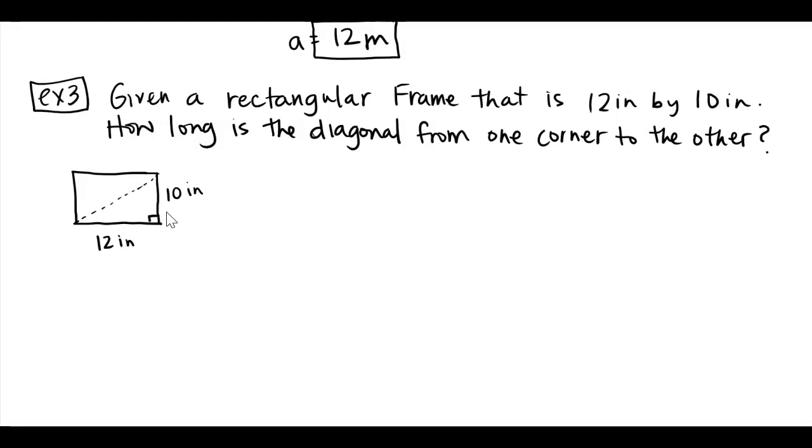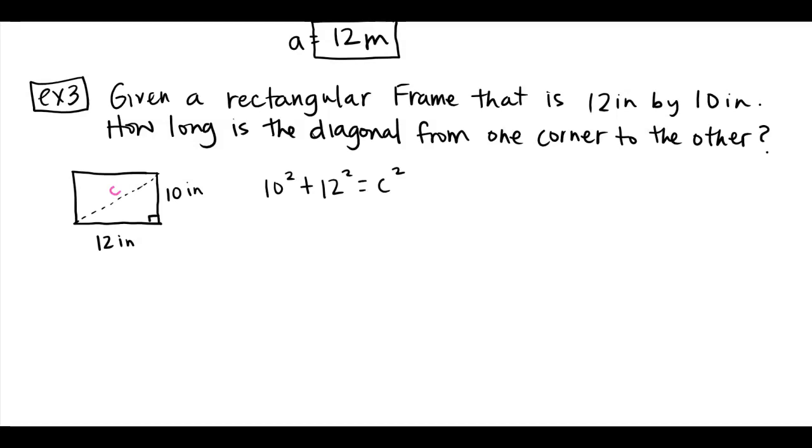Right? So again, if we're using the Pythagorean theorem on this one, we're trying to find the hypotenuse. That's what's missing here. Right? So we'll set it up as 10 squared plus 12 squared equals c squared. And then on this one, you're not going to get a whole number answer to it. Right? So I want you guys to take a minute and solve this for c.